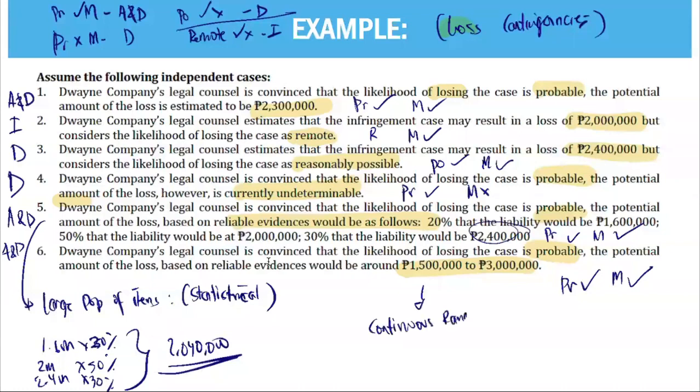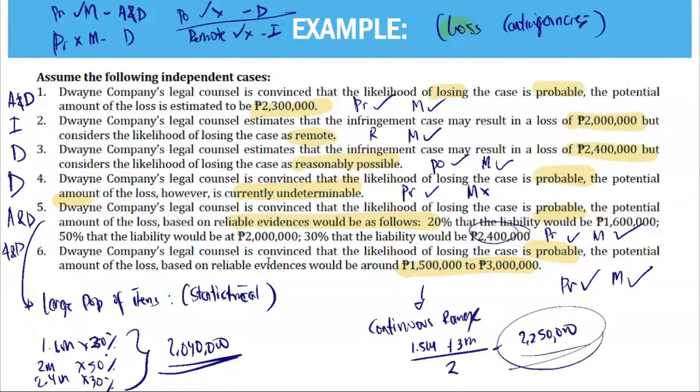So if that is a continuous range, you get the midpoint. 1.5 plus 3 million divided by 2 will give us 2,250,000. Okay? So loss contingencies, please remember, when will we recognize it? Once it is probable and measurable. When do we ignore it? Once it is remote.